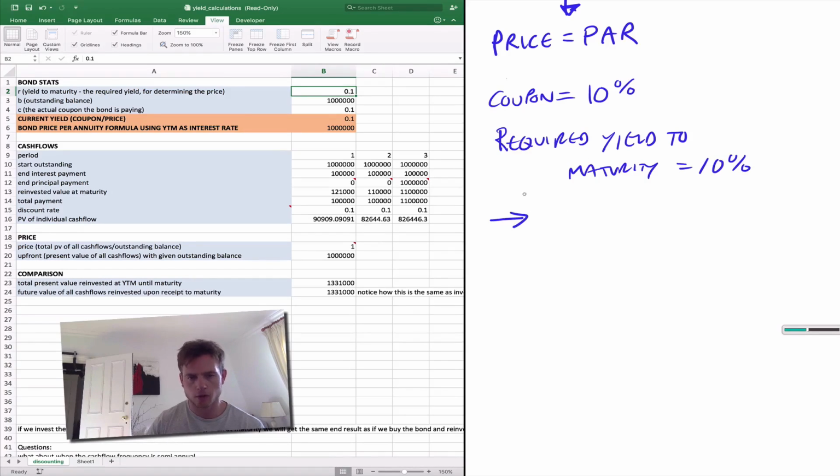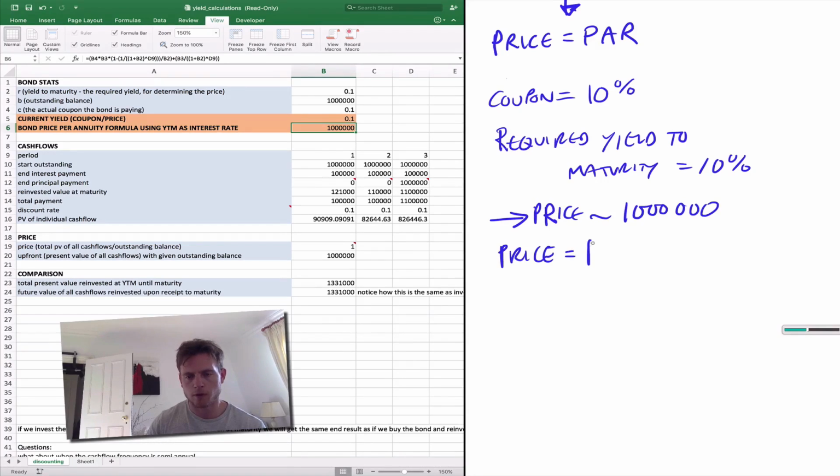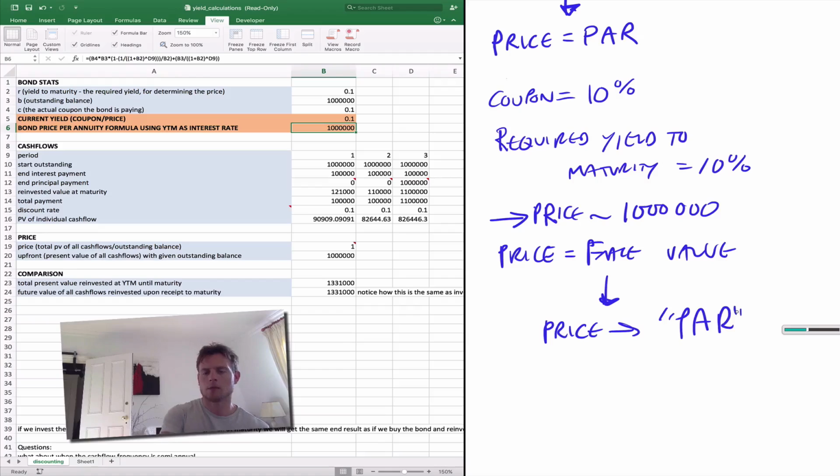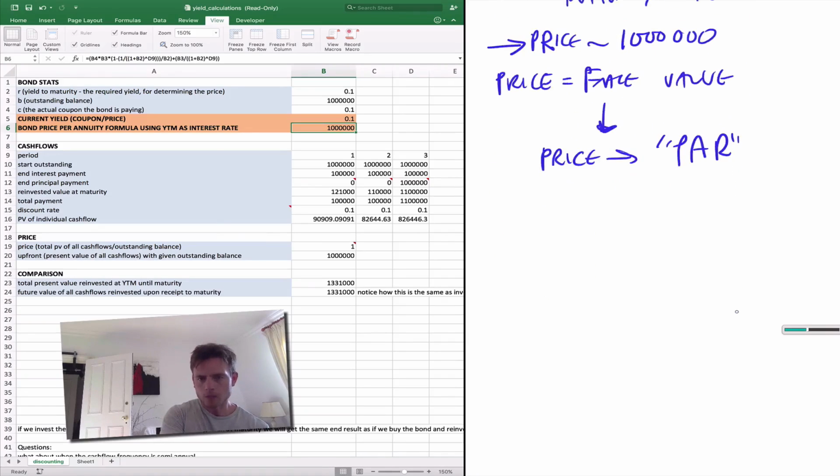So what that means is that when that bond is first issued on the primary market to the initial investors, the price will be something around £1 million. And when the price equals the face value, that means the price is called par. That's what par means.